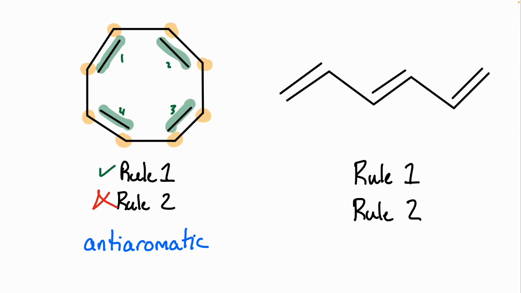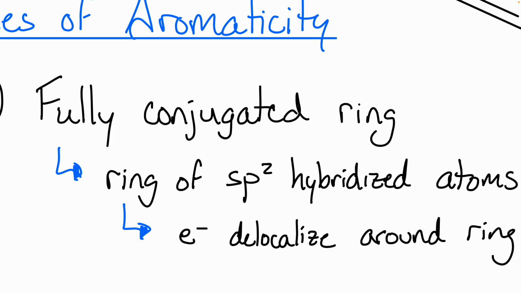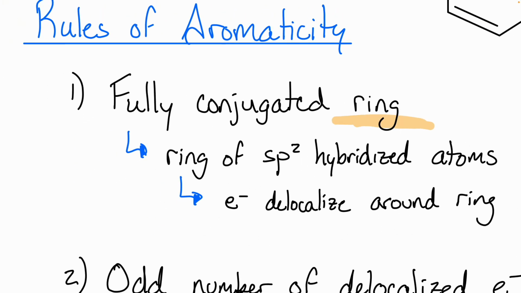All right, and then what about this third example here? This one would actually be non-aromatic, because even though all of my carbons are sp2 hybridized, remember, in order to be aromatic, we have to have a fully conjugated ring. That ring structure is essential for this concept of aromaticity.